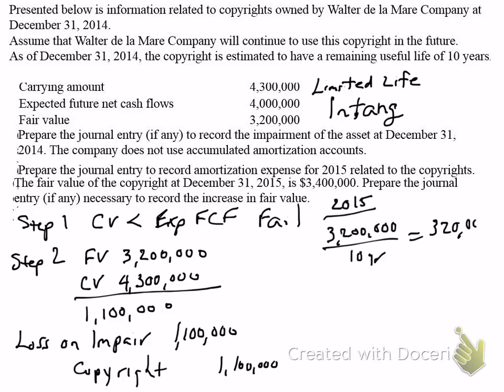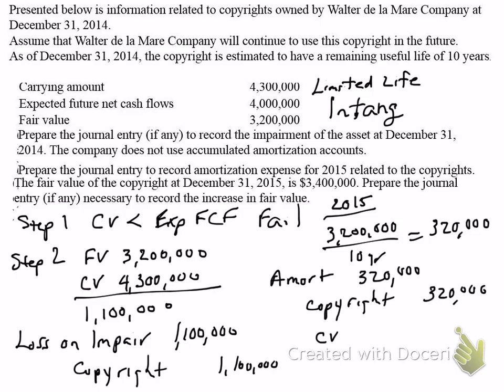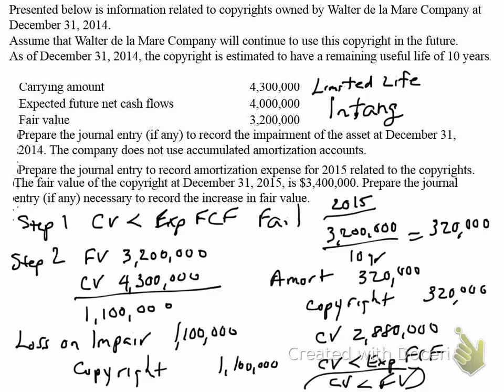Okay. Next one, we want our amortization expense for 2015. So we take the new carrying value of $3.2 million. There's 10 years remaining useful life, so we're going to amortize $320,000 a year. So we have amortization expense debited, copyright credited $320,000. At the end of 2015, we're going to test for impairment.